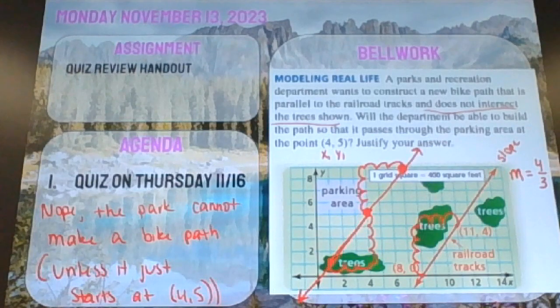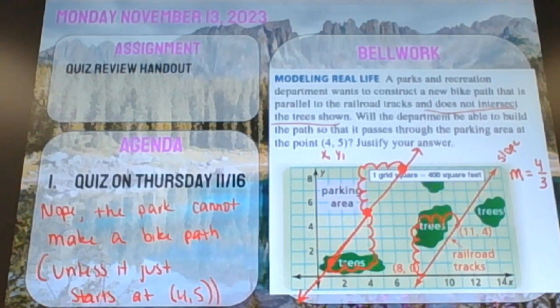I just put in the point (4,5). I put in the slope. I distributed the slope and got a fraction. And then I added 5 to both sides. How did I go from 5/1 to 15/3? And why would I do that?